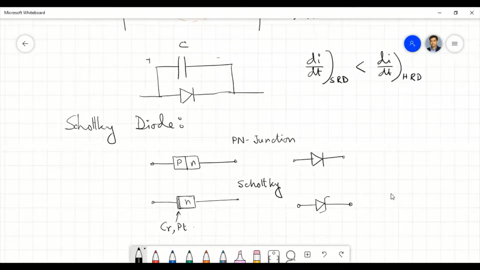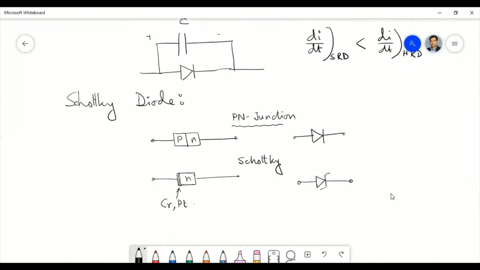So there are two types of device I am discussing now. One I have already discussed, that is the PN junction, where you have different substrates, one P and another N. But in the case of the Schottky diode, we have only one semiconductor substrate, that is N, which is connected with a metal.